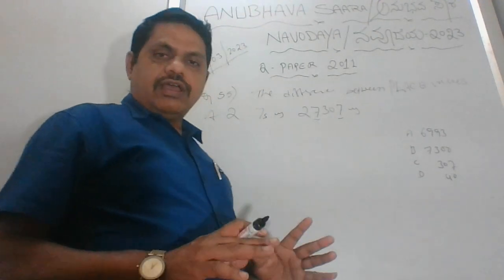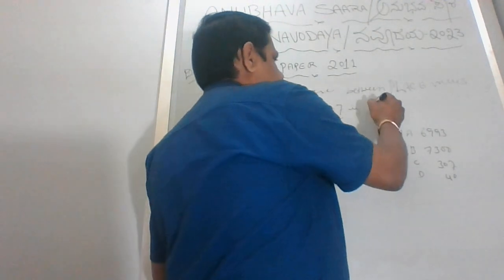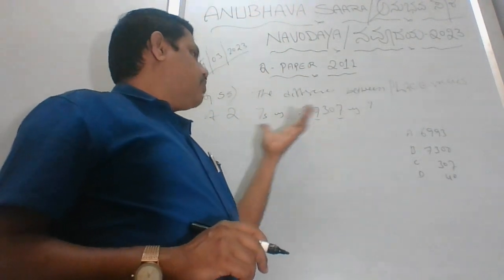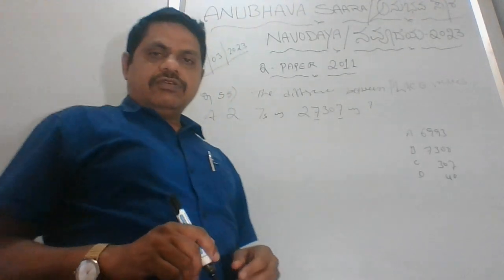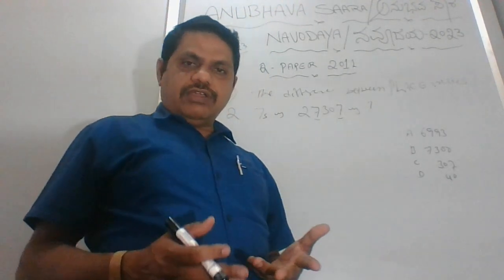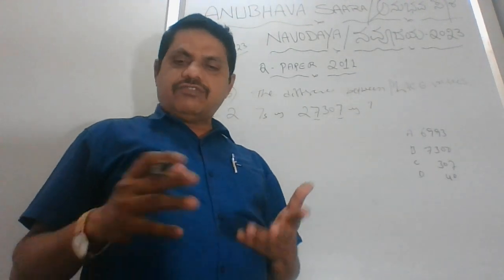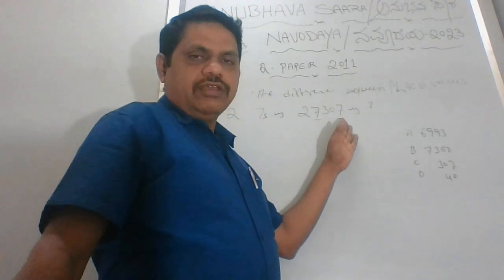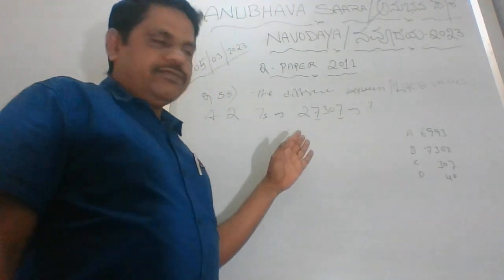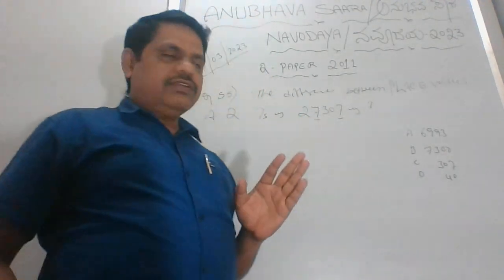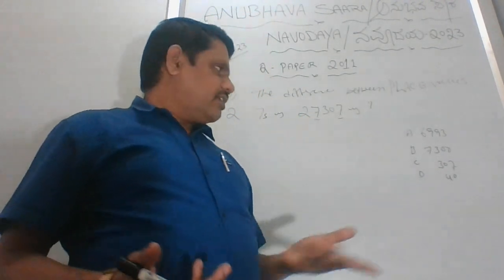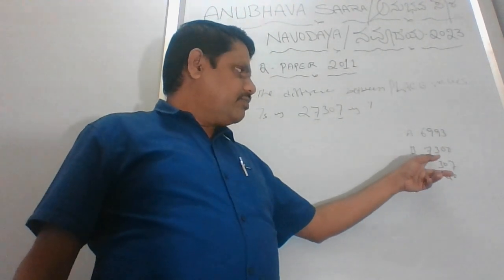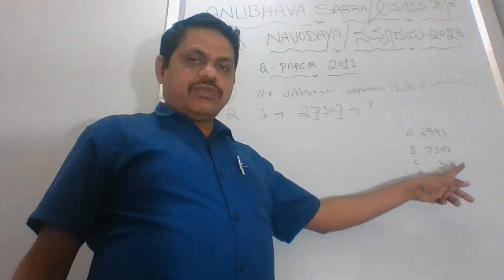The person who has prepared the question is asking what the place values of these two sevens are. As you learned in the classroom, you can say one 7 is in the ones place and another 7 is in the thousands place.